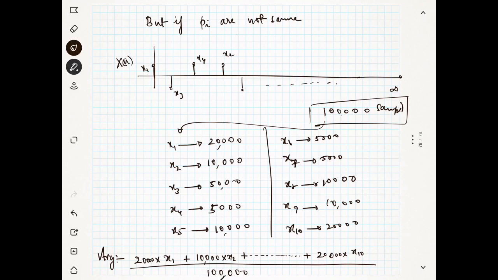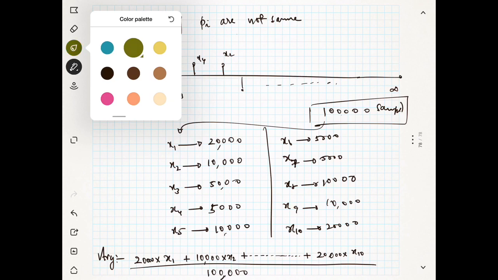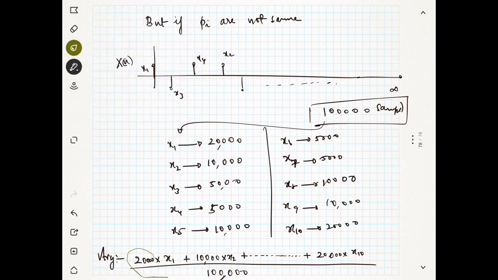But you see here, if you take this term, 20,000 by 1 lakh, it's 1 by 5, right?